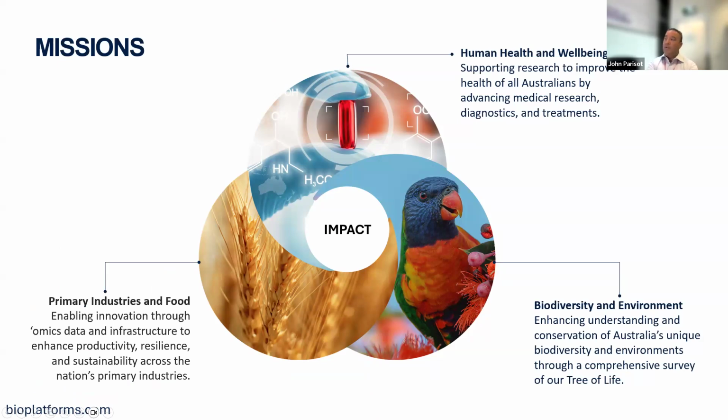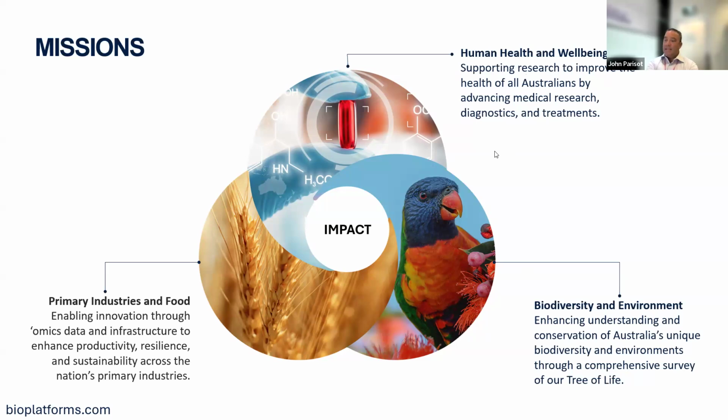It also encompasses human health and well-being, but apart from those missions, it has significant infrastructure in facilities that can help primary industries and food production, and also to help enable biodiversity and environmental issues.